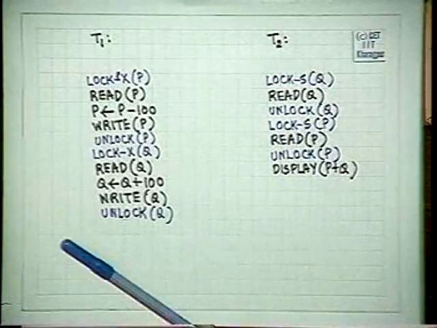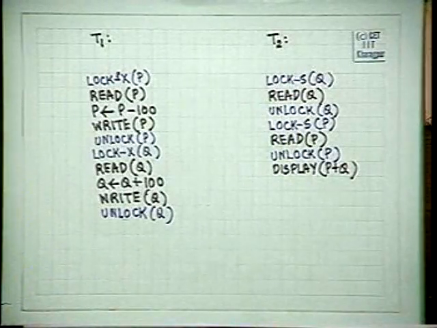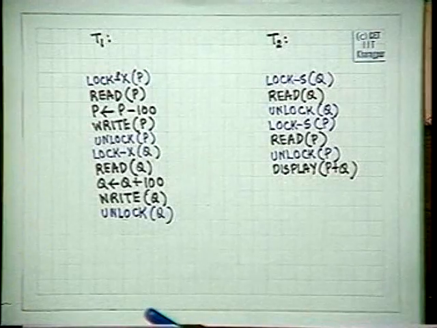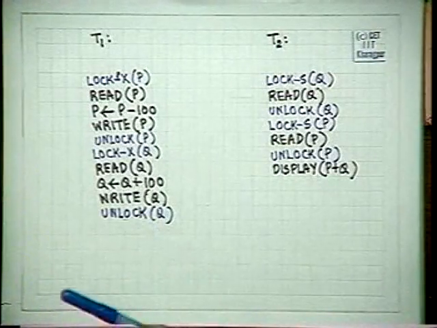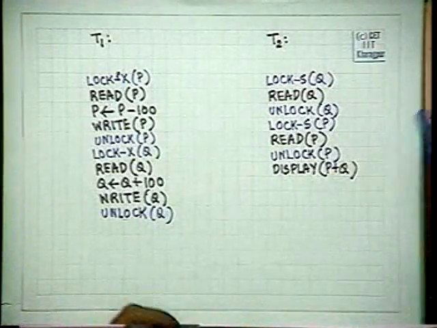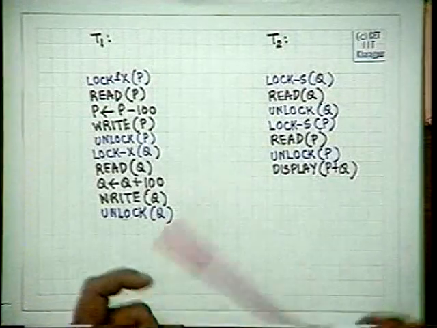Now, let us see if this is a correct way of doing things. This means that based on this locking and unlocking principle, whatever will be a schedule will be a correct and a valid schedule. Now, let us see if this is a correct and a valid schedule.